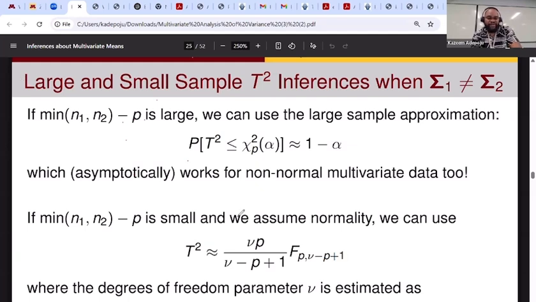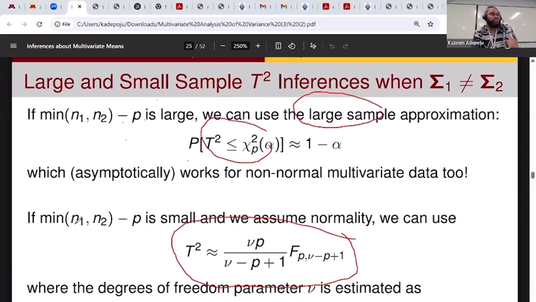Different formula. The t-square follows a chi-squared for sufficiently large samples, but in the situation where the minimum of n1 and n2, the sample size for group 1 and the sample size for group 2, minus p is small, then I'm actually going to assume normality.